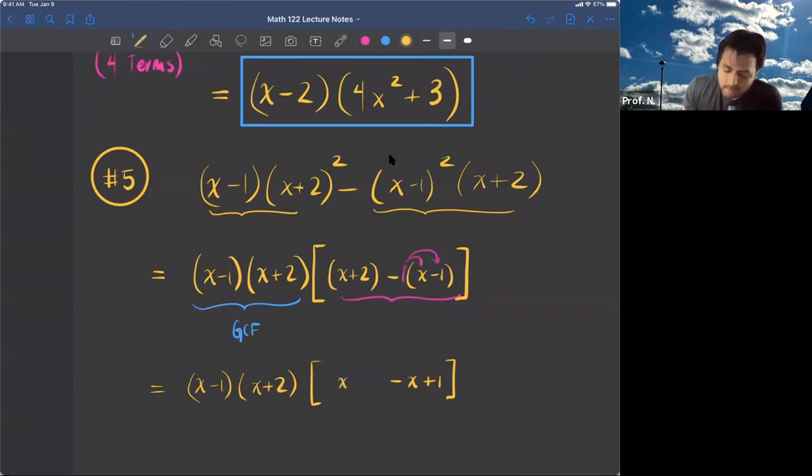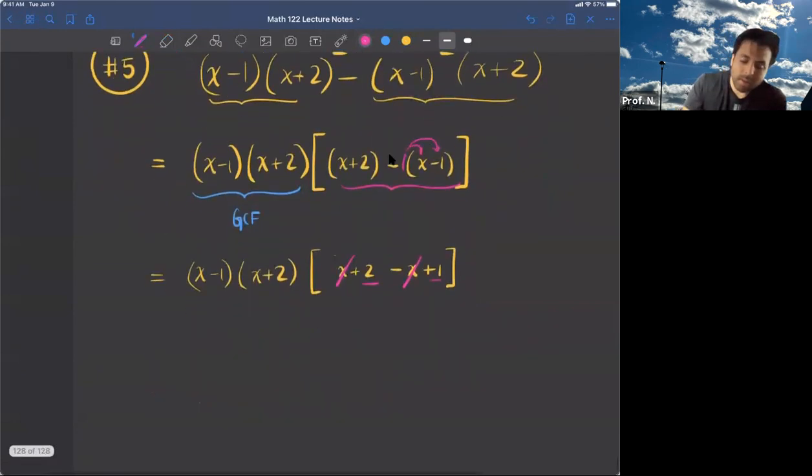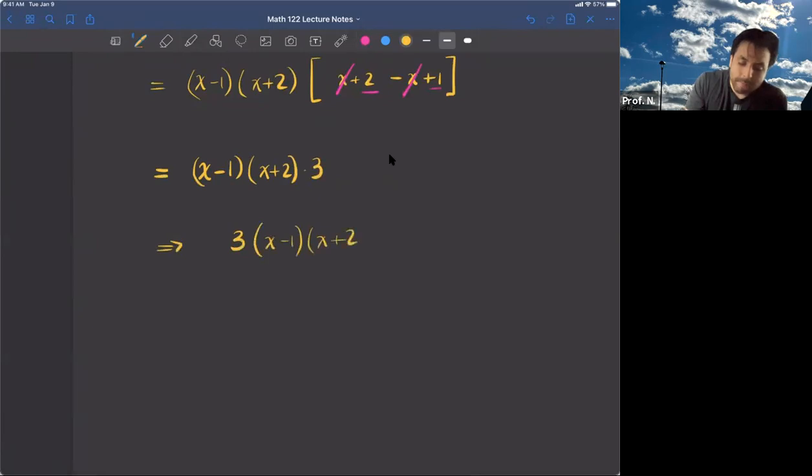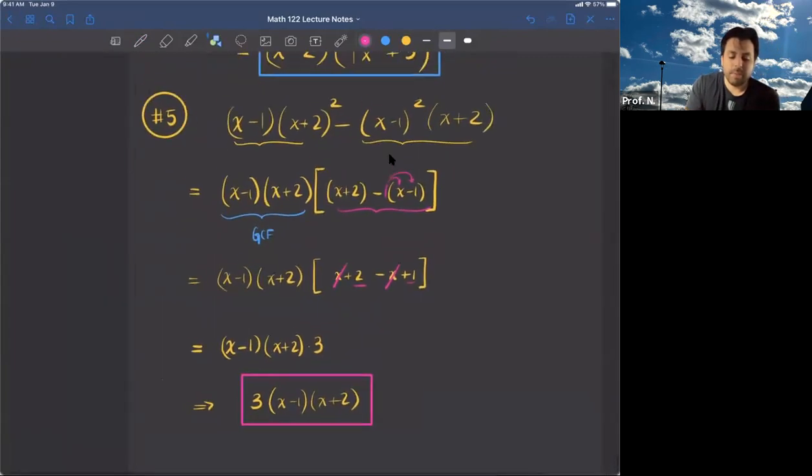The x's here cancel, and the 2, you add the 1. So what I get at the end is that x minus 1, parentheses x plus 2, multiplied by 3. Or in other words, 3 times x minus 1 times x plus 2. So this is my factored form.